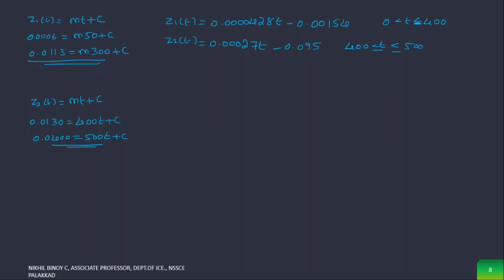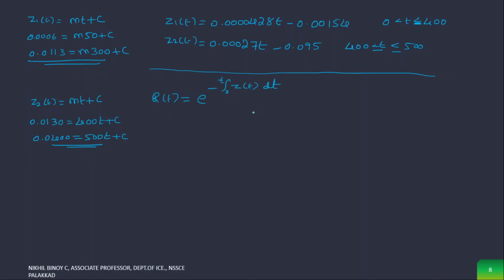So Z1 of t applies if t is between 0 and 400, and Z2 of t if t is between 400 and 500. This is the failure rate. Now what about reliability? The equation of R of t is e raised to minus integral 0 to t of Z of t dt.